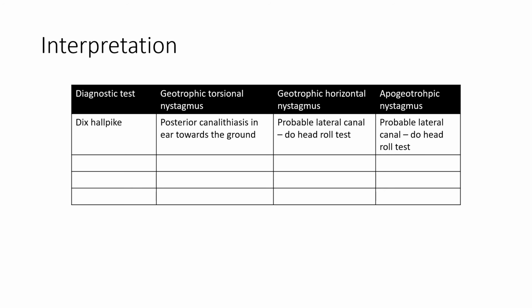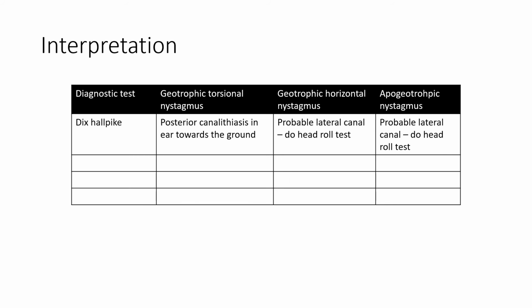Okay, so the interpretation of these tests. So you do your Dix-Hallpike test on the suspected BPPV patient. If you get a geotropic torsional nystagmus, then this is a posterior canalithiasis in the ear that is going towards the ground. So I'll do my Dix-Hallpike. I'll have my patient sitting, and I'll turn their head to the right.